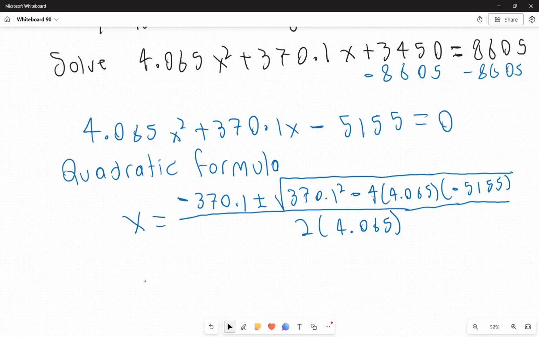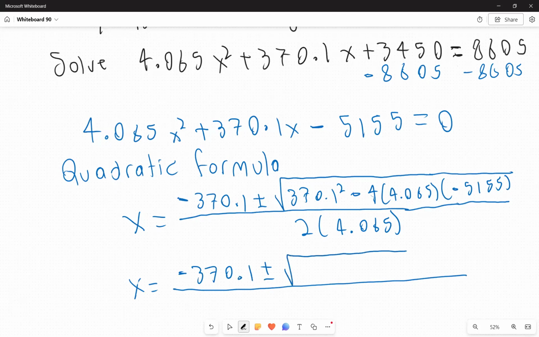We have made some progress. So x is now negative 370.1 plus or minus the square root of 220,794.31, and then 2 times 4.065 is 8.13.